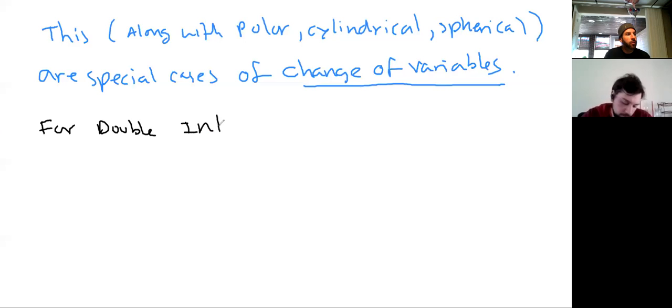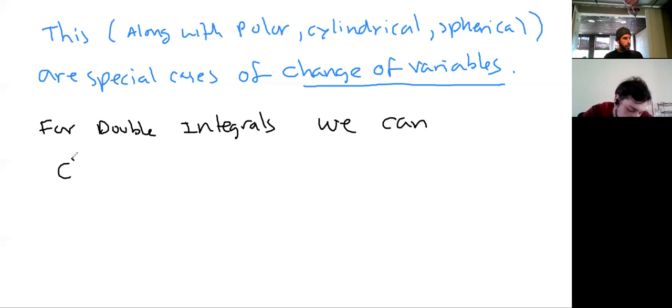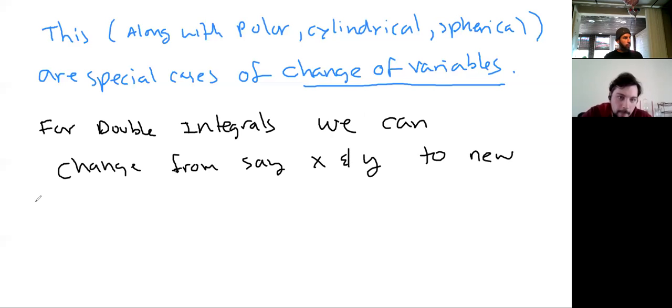So for double integrals, we can change from, say, x and y to new variables u and v.